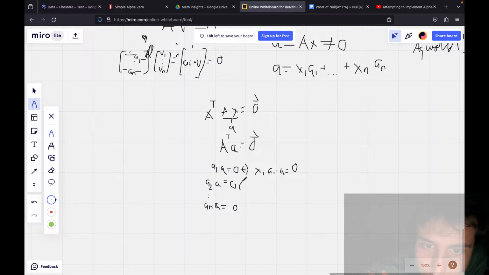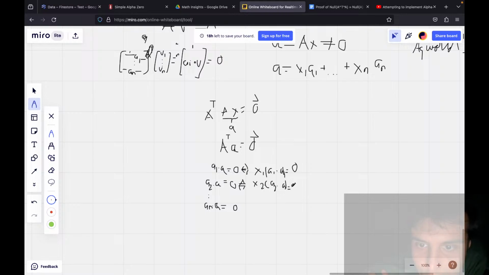So this thing right here basically implies if a2 dot a is 0, then x2 times the 0 vector is also 0. So x2 of a2 dot a equals 0, right?